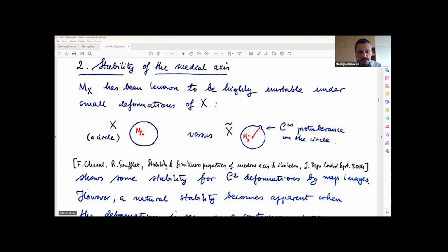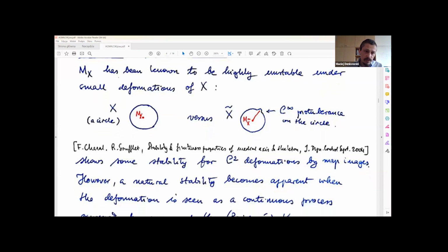You see here, if we start from X, just a circle in the plane, the medial axis is the center, and you modify the circle by adding the smallest smooth protuberance, and you get obviously a medial axis that is actually a whole segment. So there is a big change in the structure of the medial axis, and this, of course, from the applications point of view, is a problem.